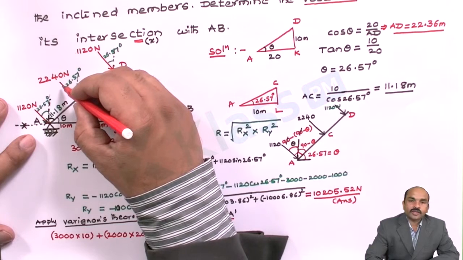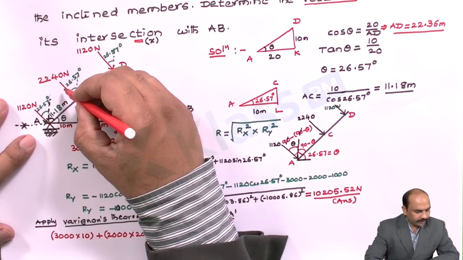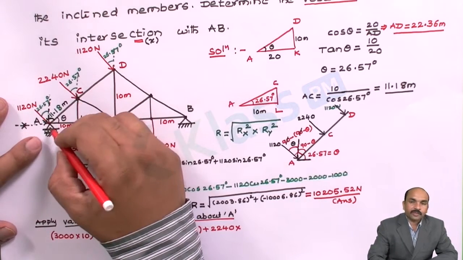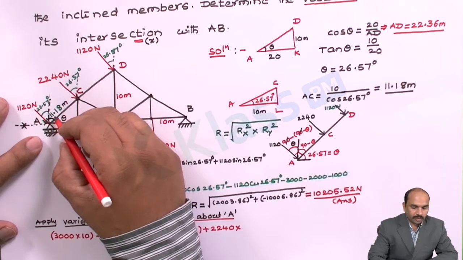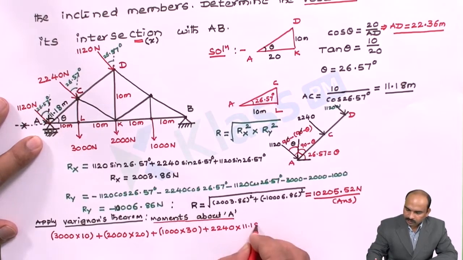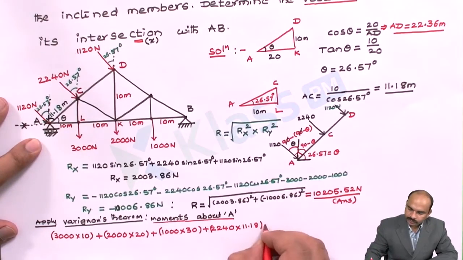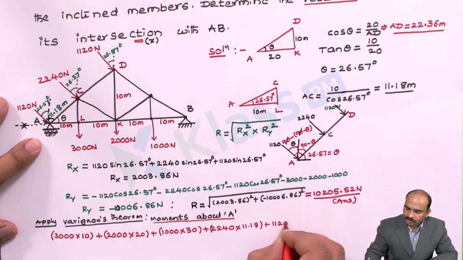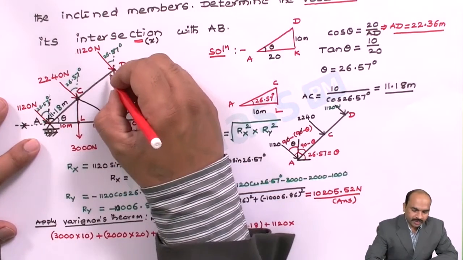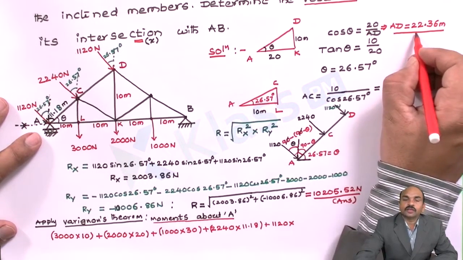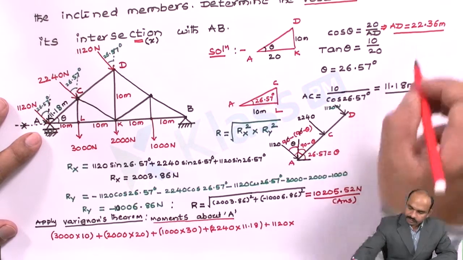Now let's take the 2240 moment. So it is plus 2240 into the distance of this force from A. We know that it is 11.18. Then there is the last force, that is 1120 plus 1120, into its distance up to A, that is AD, which we already calculated as 22.36.